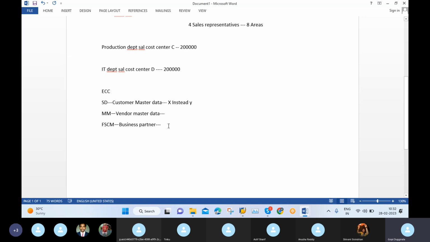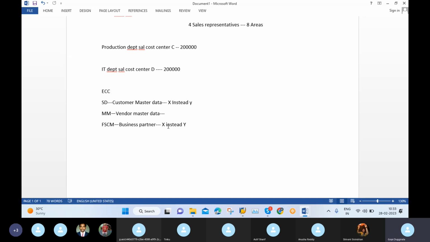Again, here also you can maintain X instead of Y. Then only it is reflected in business partner FSCM module. But the thing is, there is a misconnection between FSCM module and SD module. That's the reason you are getting n number of issues in ECC.